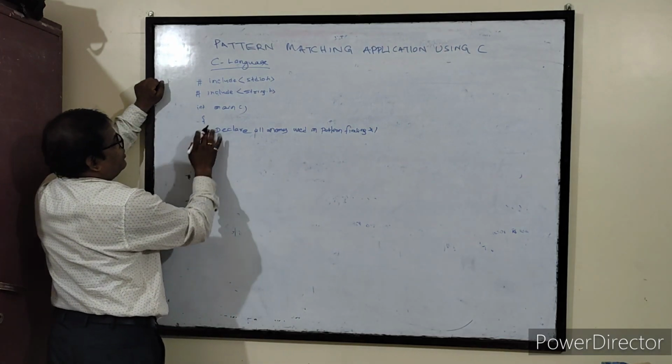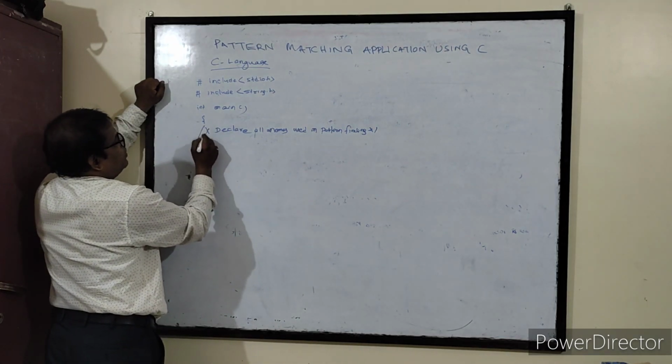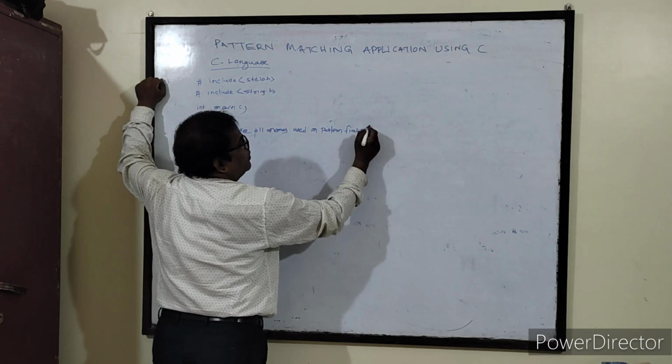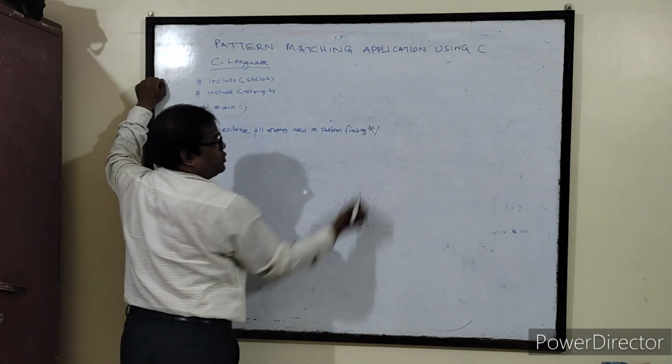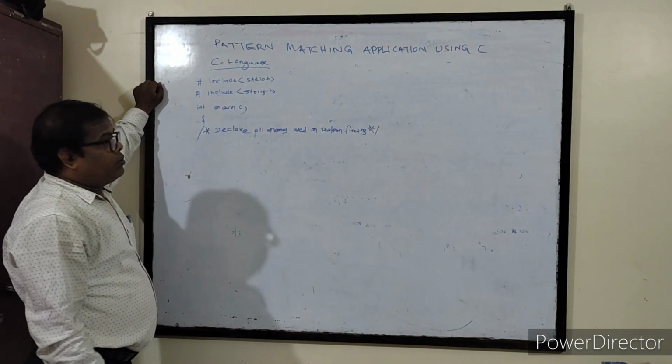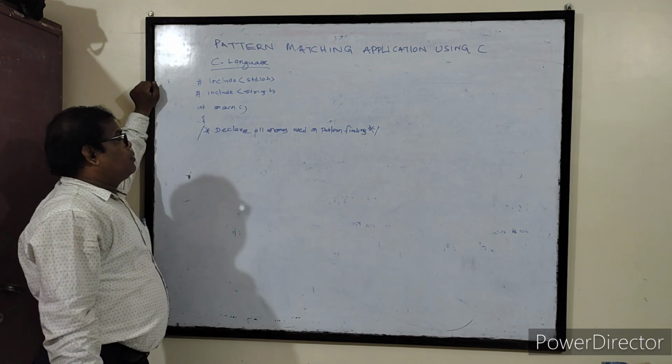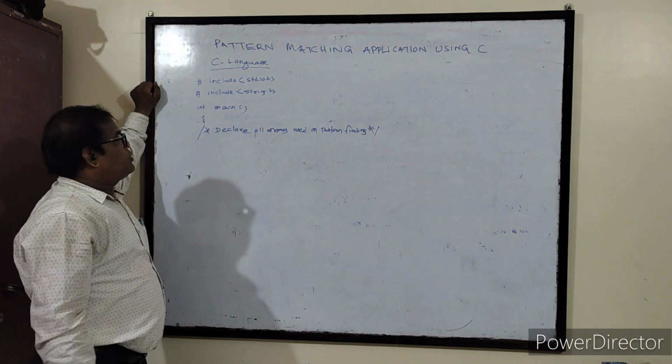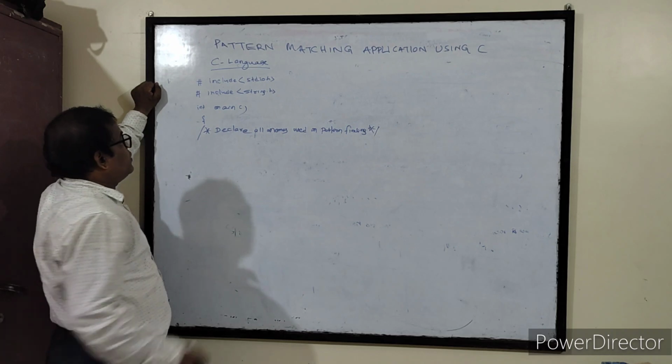This is called a comment line. I repeat again, this is the comment line. It is not executed during the execution of the program; it is eliminated at the compilation stage.